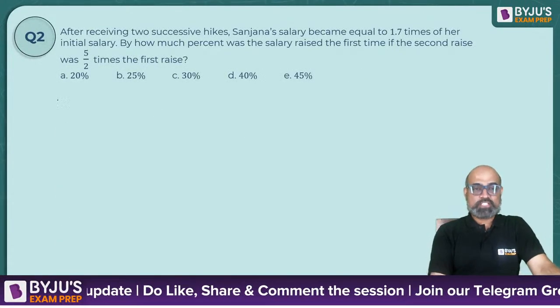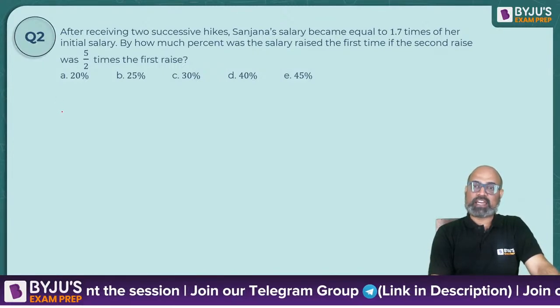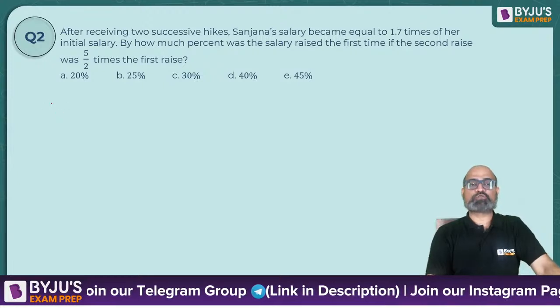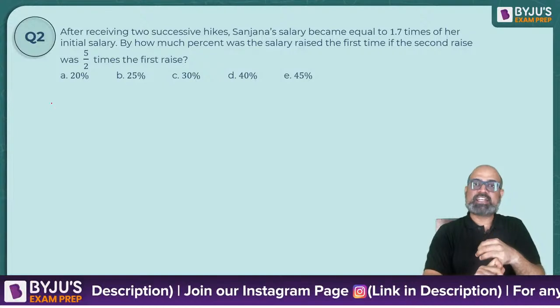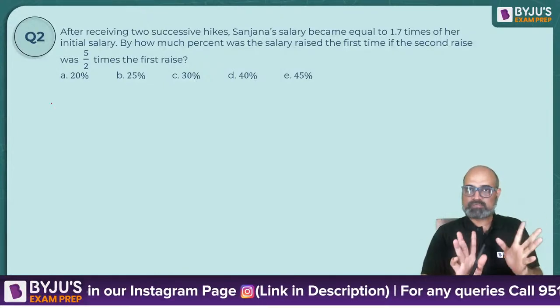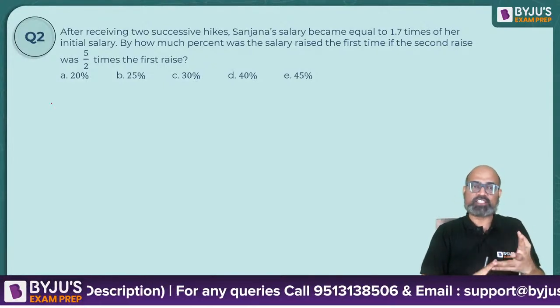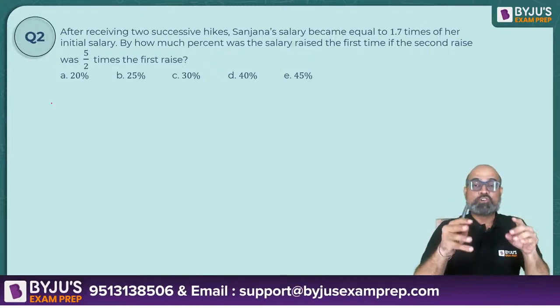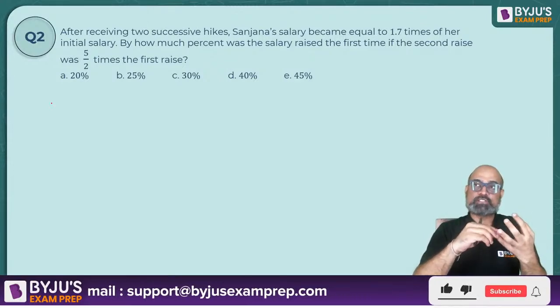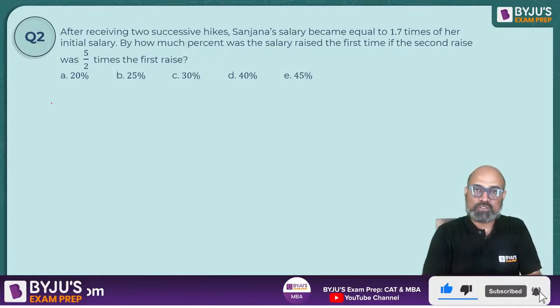So after receiving 2 successive hikes, Sanjana's salary became equal to 1.7 times of her initial salary. So this is 1.7 times, meaning this is going to be multiplied, right? How much percent was the salary raise? So this is percentage. If the second raise was 5 by 2 times the first raise. So if you read the question carefully, you have fractions and percentages and decimal values getting multiplied.